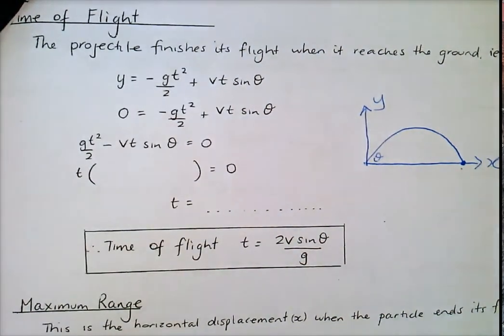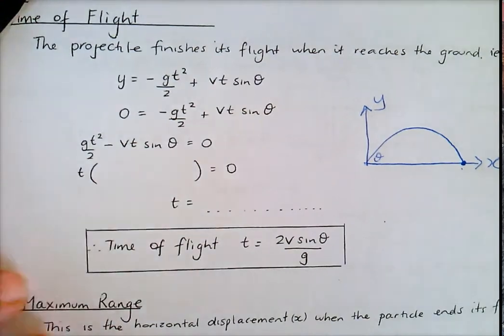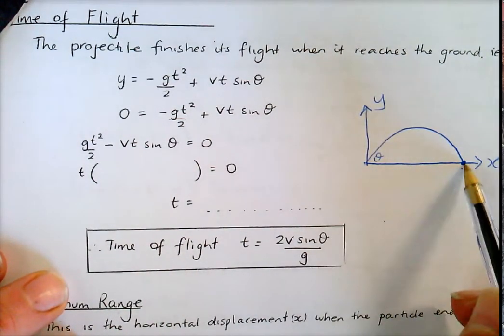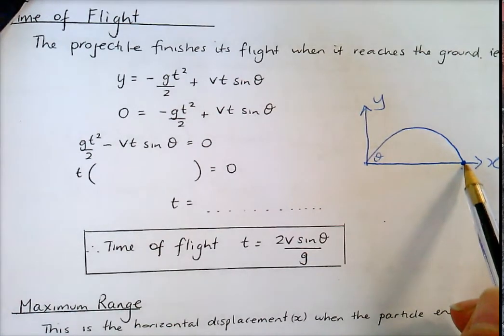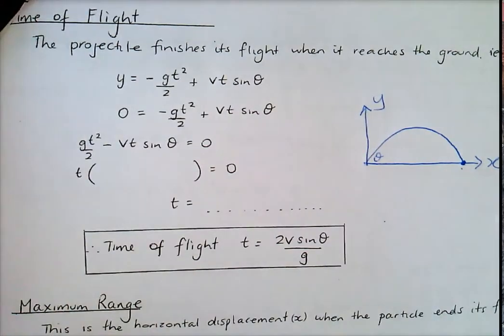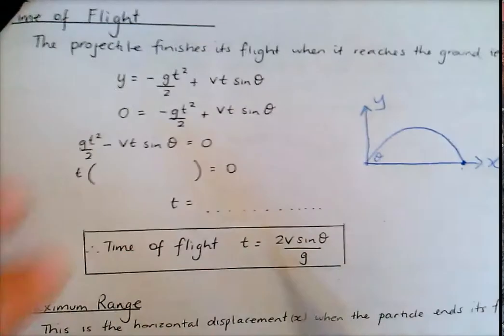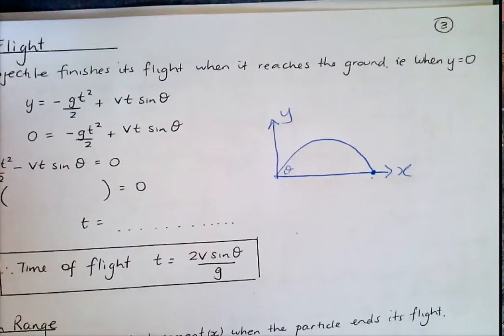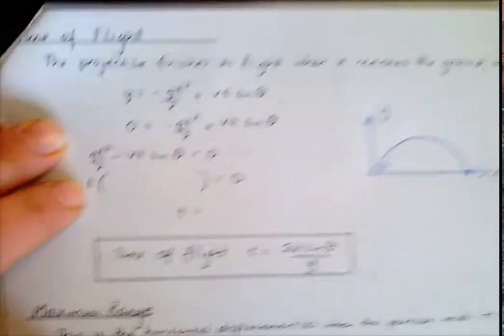That's it. So ladies, if you're ever asked about the time of flight, well, the particle hits the ground when x is something. I don't know what x is, we have no idea what the x is, but the particle hits the ground when y is 0. So the particle finishes its flight when it reaches the ground. In other words, when y is 0.